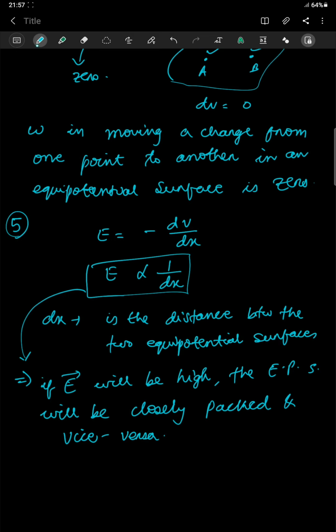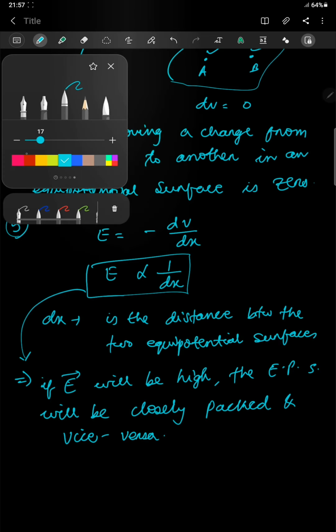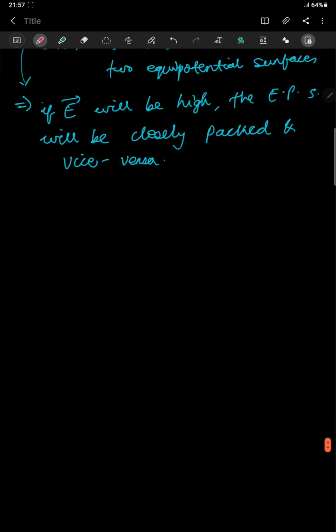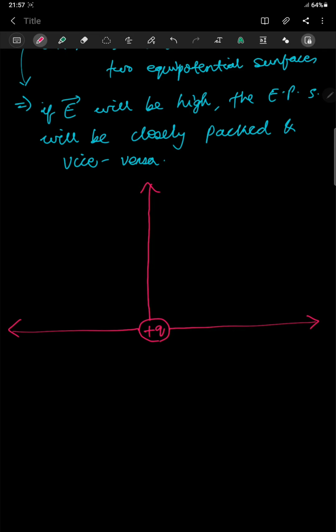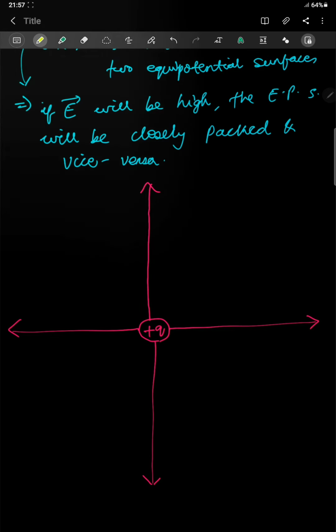Now suppose a charge of plus q is given to you. How do you construct them? First of all, I have to construct the electric field lines. We usually know how they go outward in this manner. It is quite clear. Similarly in this direction, similarly in this direction. So these are the electric field lines. But what about the equipotential surface? How to construct it?